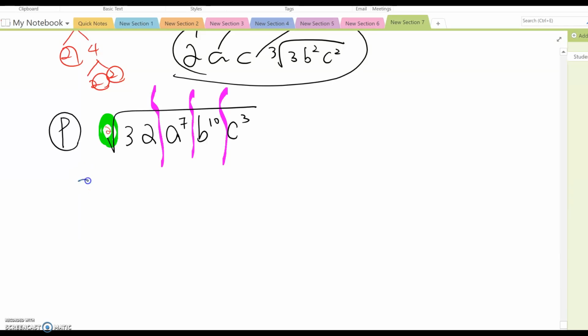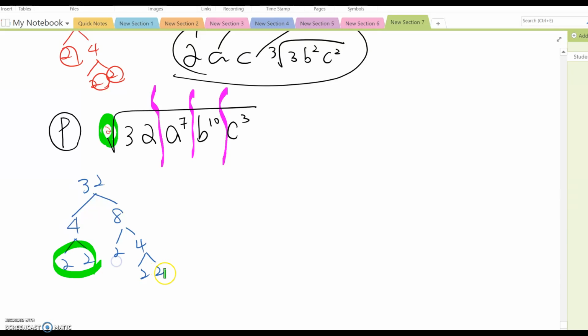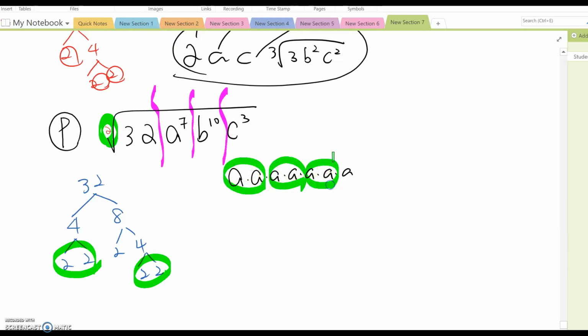Then 32 means 4 times 8, which means 2 times 2, 2 times 4, and 2 times 2. So you see one pair, another pair. Now a to the 7th means 1, 2, 3, 4, 5, 6, 7. So 1 pair, 2 pair, 3 pair, right?